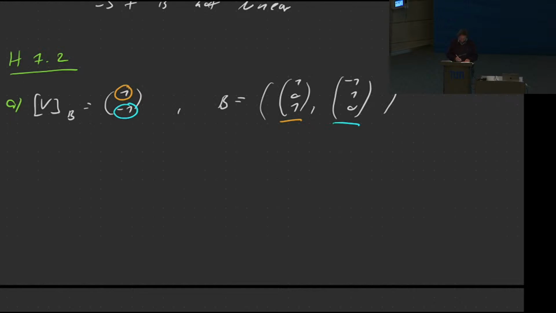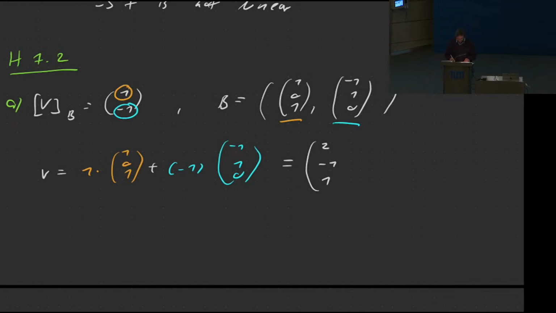So what we get here is v is 1 times this first coordinate vector plus -1 times that second coordinate vector. Right, and if you do the computations, that turns out to be 2, -1 and 1.